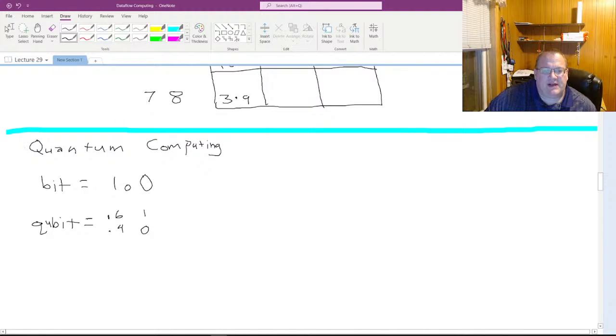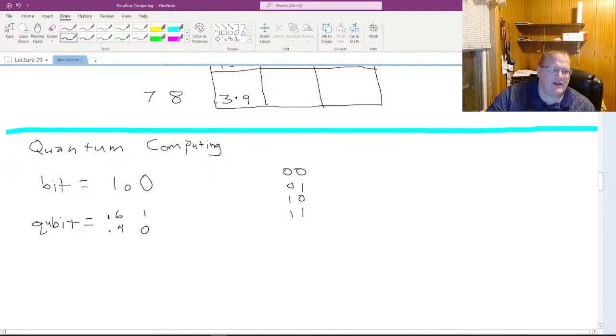When you have 2 bits, how many different possibilities are there? Wait, let me back up. If you have 2 bits, and look at the different possibilities, you have this, you have this, you have this, and you have this.